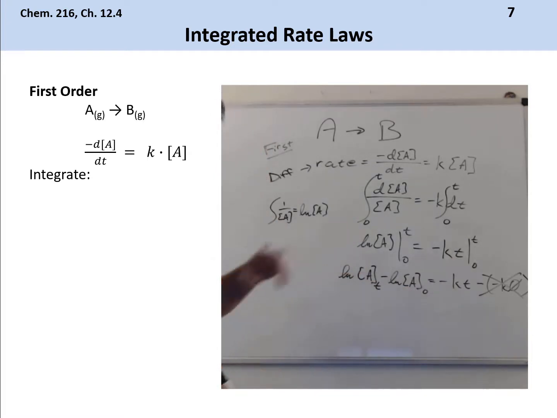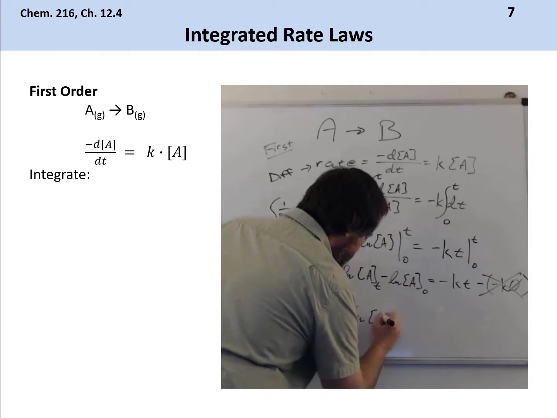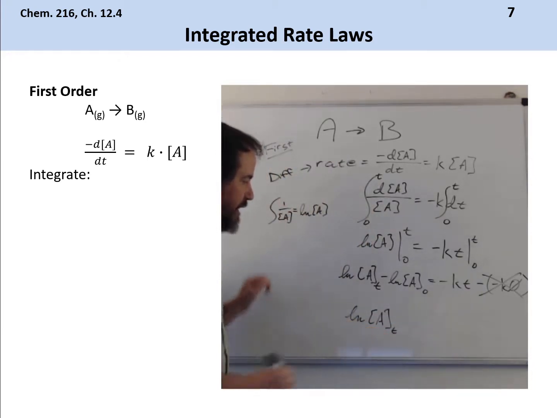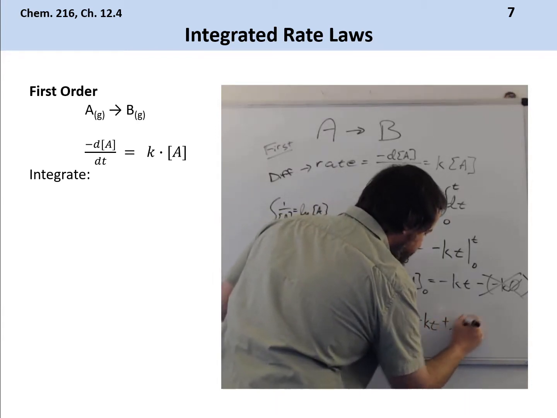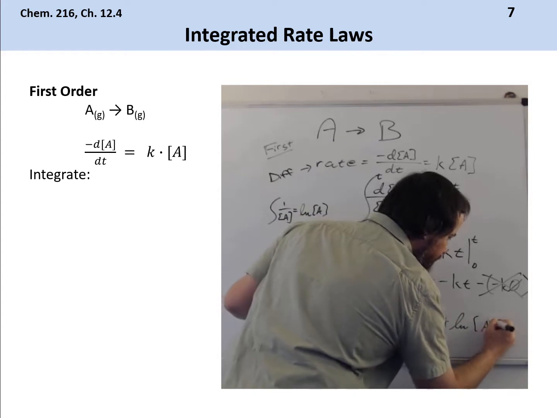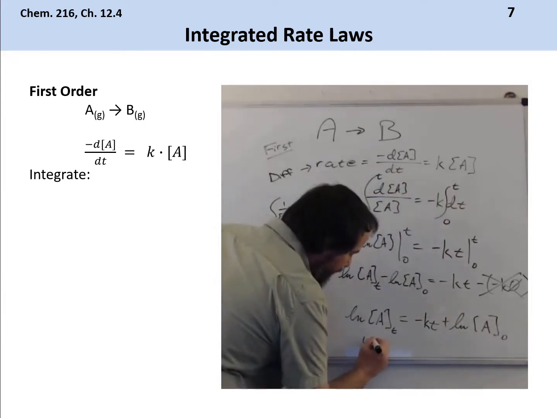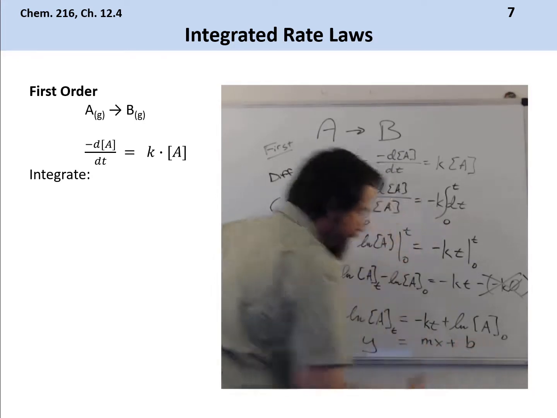Okay, so now I can rearrange this, and I get ln of the concentration at time t equals negative kt plus ln of the initial concentration. And I like this again because this is similar to y equals mx plus b.